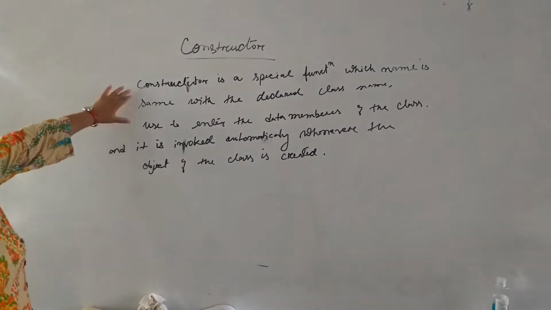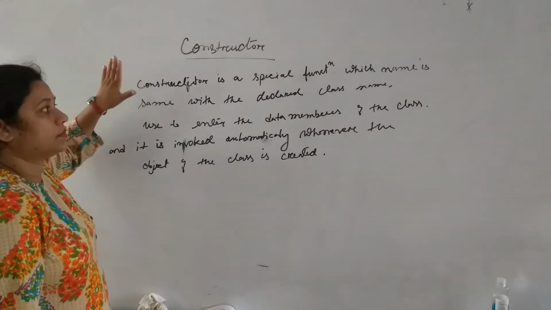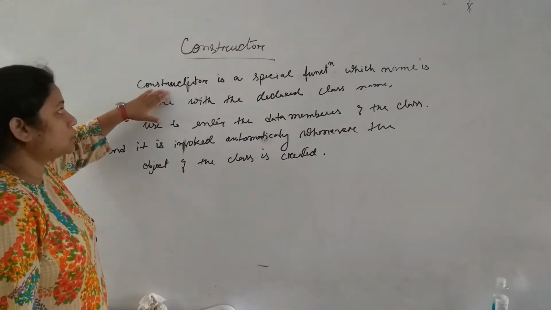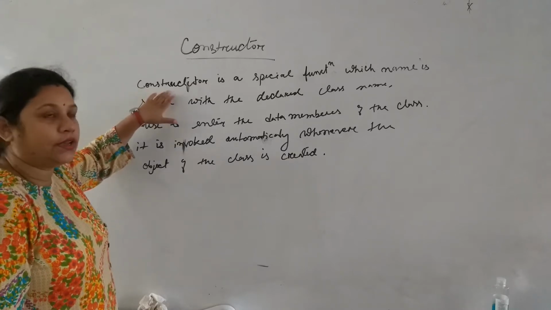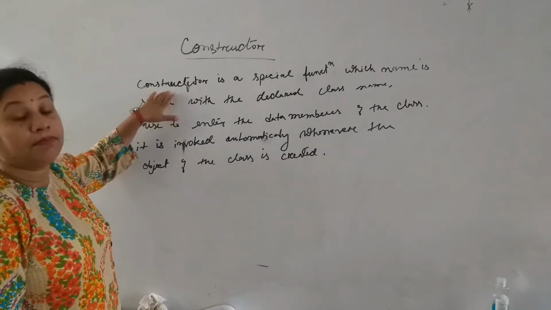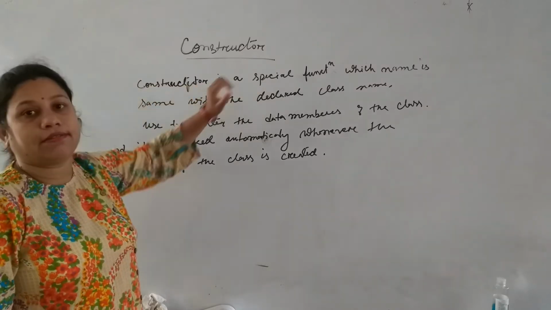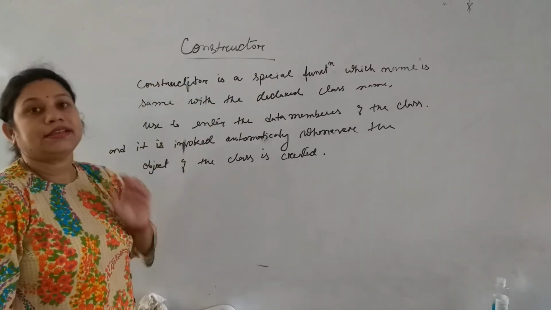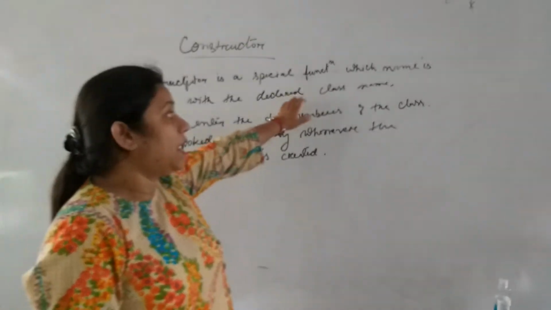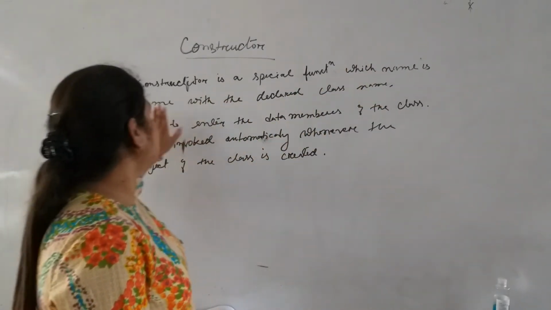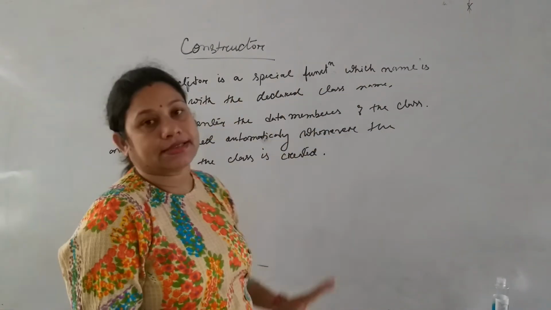Okay. So look at the definition. So constructor. Constructor ki hoy? Eta function hoy. Member function. Eta special function. Constructor is a special function. Why it is special? Because which name is same with the declared class name.